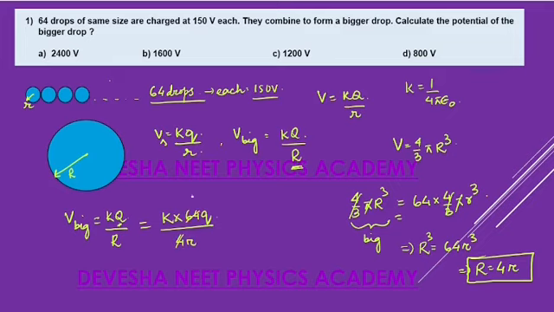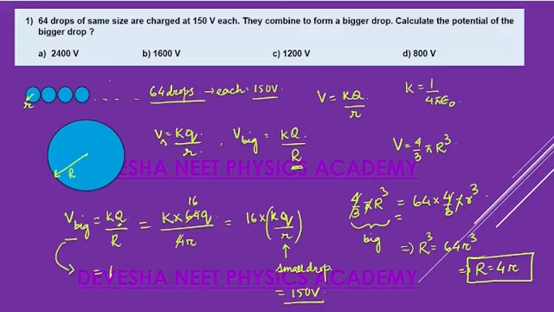So this gets cut, and it is 16 into k q by r. Now k q by r is the potential of the small drop, which is equal to 150 volts. So the potential of the big drop will be 16 into 150, which is equal to 2400 volt. So this will be the answer.